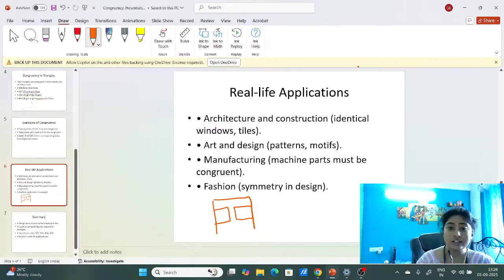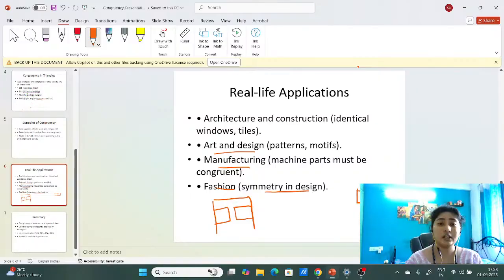For tiles also, we have identical tiles in our home. We have seen that, right? Then art and design, manufacturing, fashion. So we can find symmetry in design. So that is the real life application of congruency.